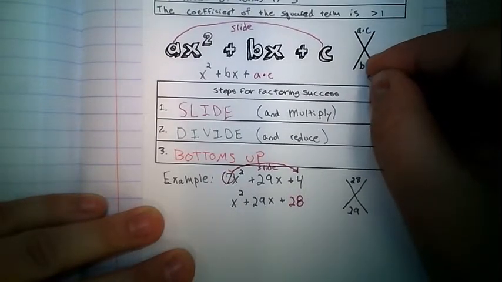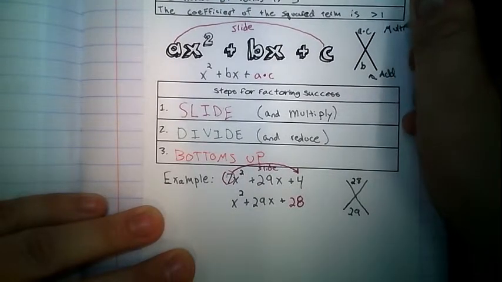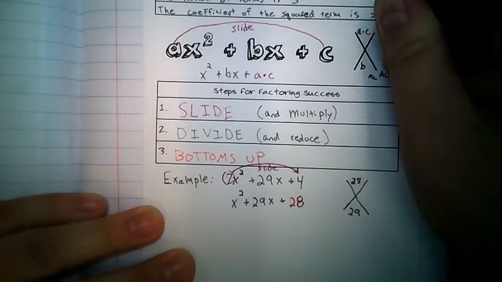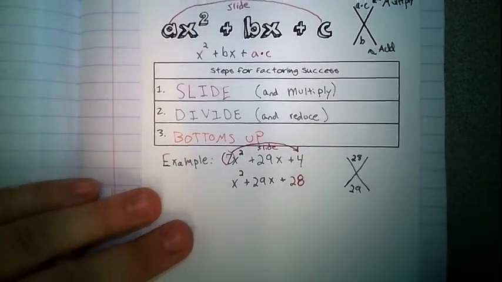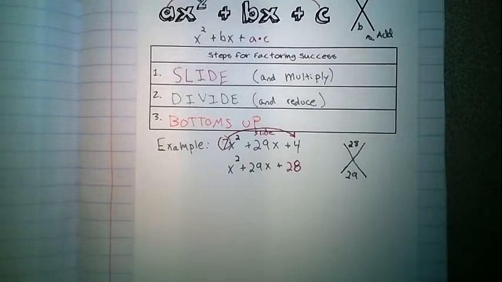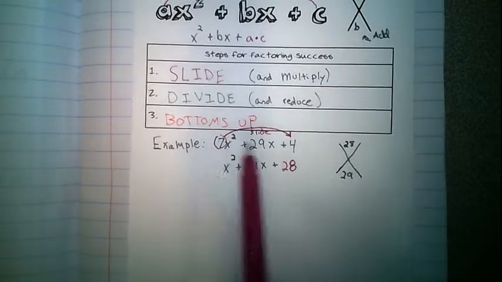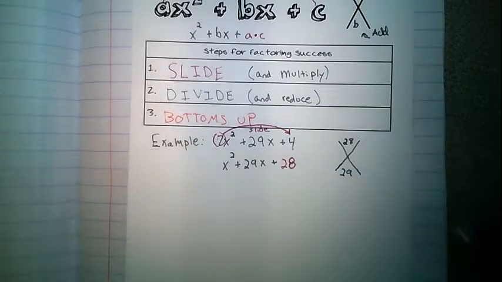So now I'm just using my x puzzle. Two numbers that multiply to give me 28. Well, I know 7 and 4 because I just did that multiplication. But 7 plus 4 does not equal 29, so that's not going to work. 14 and 2, again, not going to work.